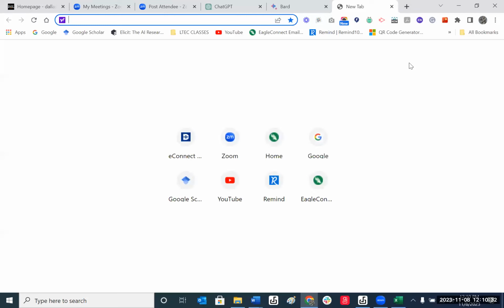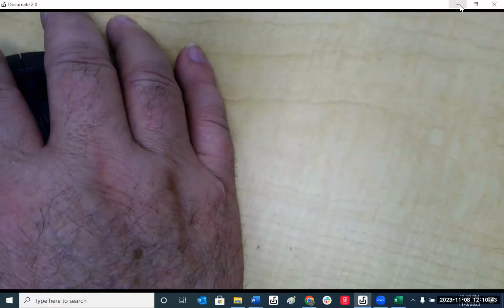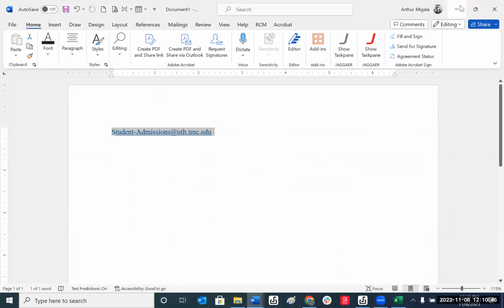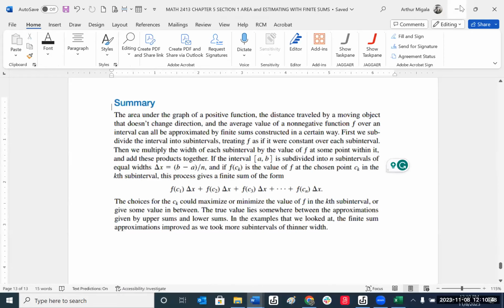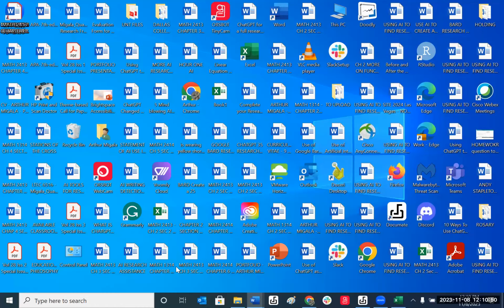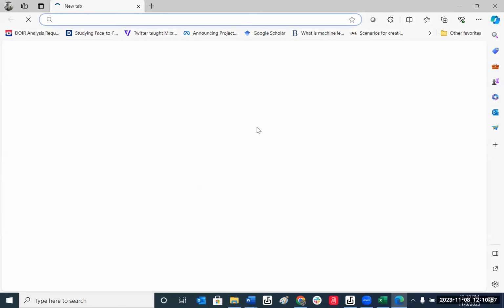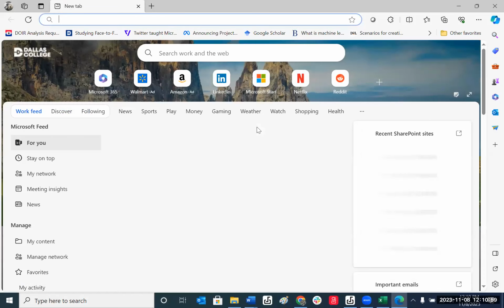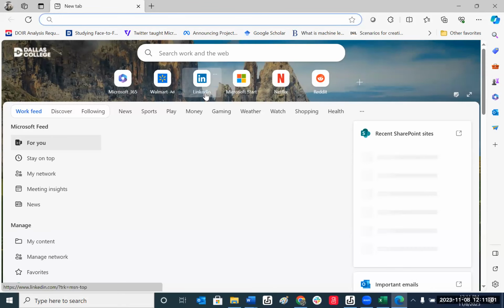Or if you don't like that, then you can go into, let me see, where's that? Let's see if I have it. I'm looking for that new, there it is, Edge. If you look at Microsoft Edge, it has AI built in already.